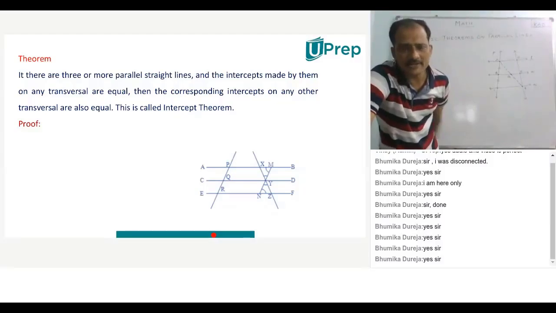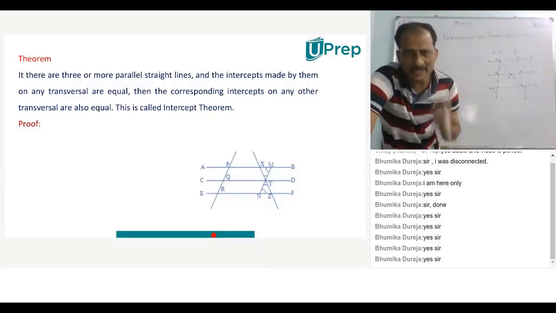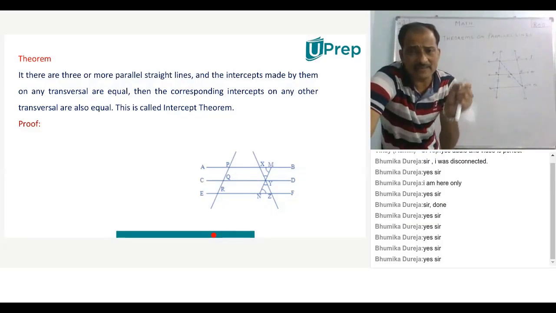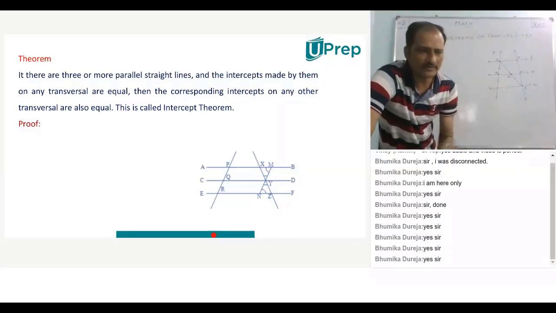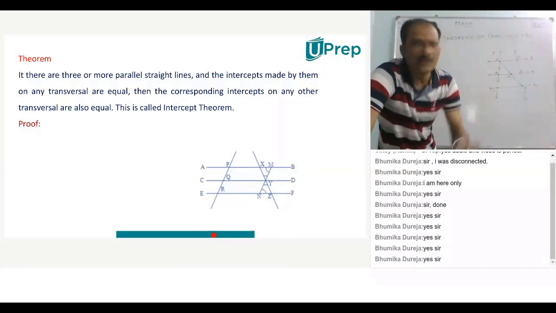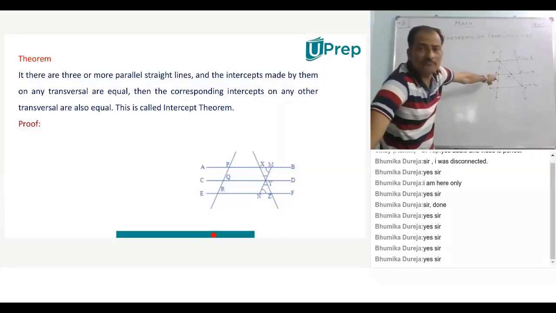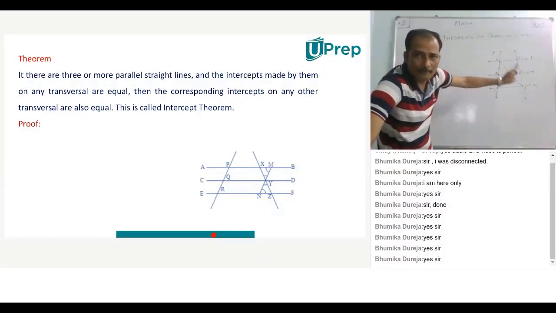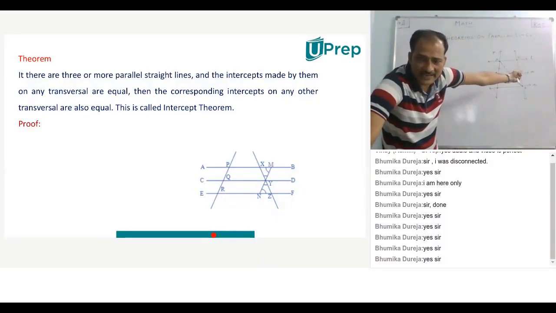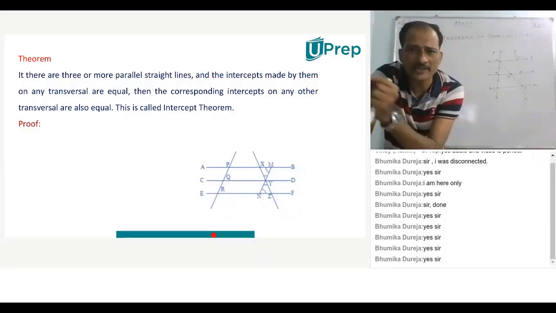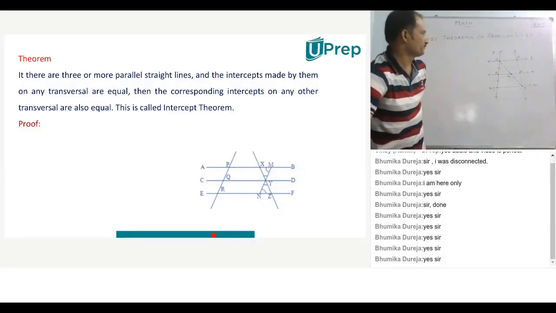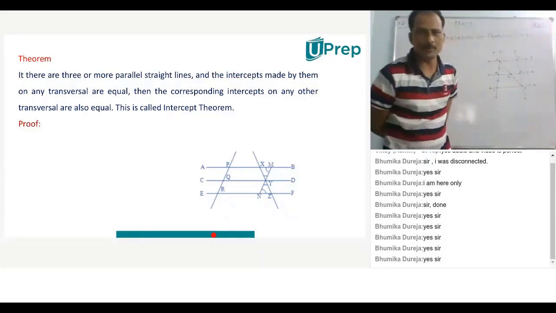Once again, I repeat: in a triangle, a line segment drawn from the midpoint of one side parallel to the other side will bisect the third side. In the bracket, write down converse of midpoint theorem.